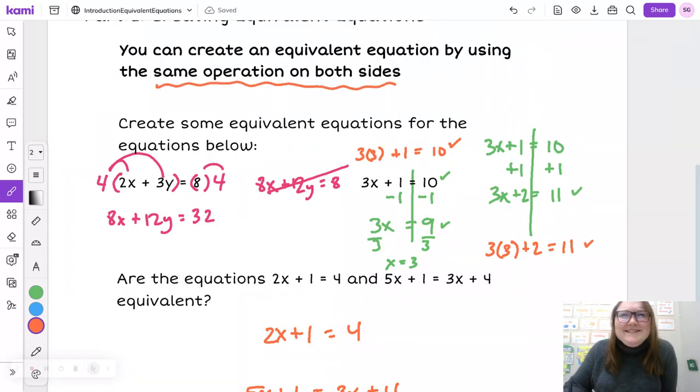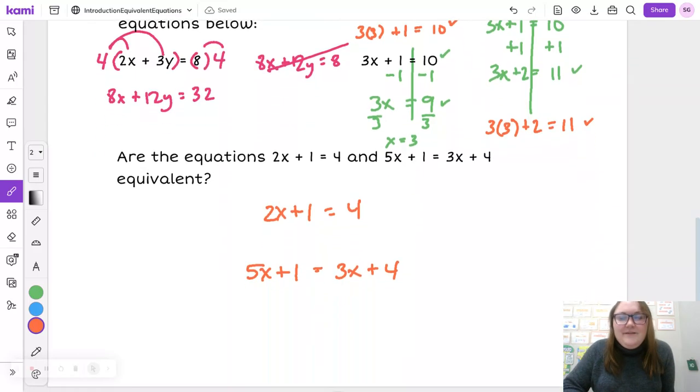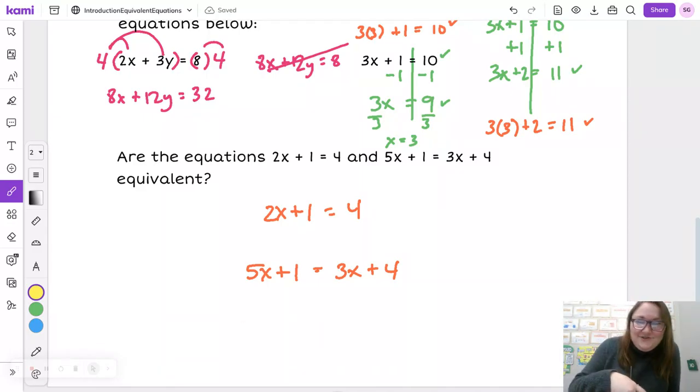But if I'm doing something silly like adding 5 on one side and subtracting 3 on the other, that's not going to be equivalent. Looking at these two equations here, it helps if you can identify what didn't change and what does change. So for example, I'm noticing both equations have that plus 1 there, that didn't change, and both equations have a 4 there. That part didn't change either.